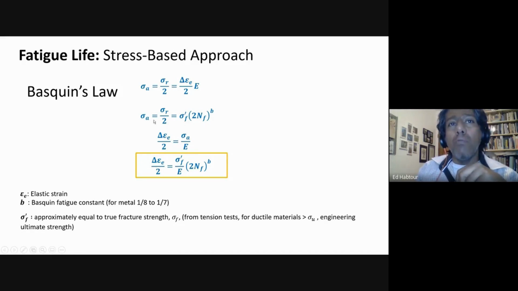If we substitute and express it in terms of the strain, as you see it here, then we end up with this formula, which is the Basquin law. And again, this works for elastic loading conditions.